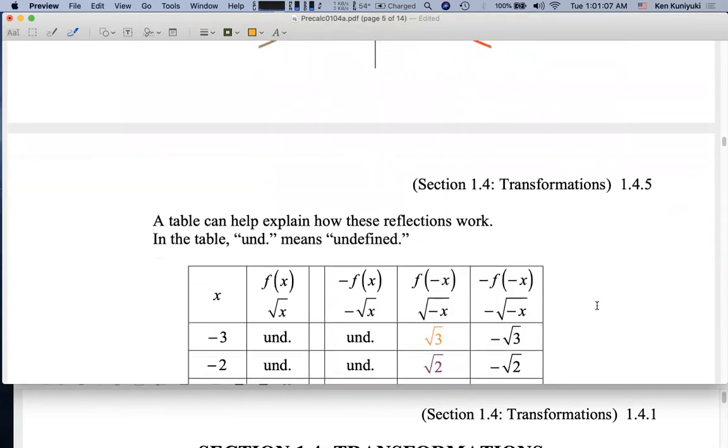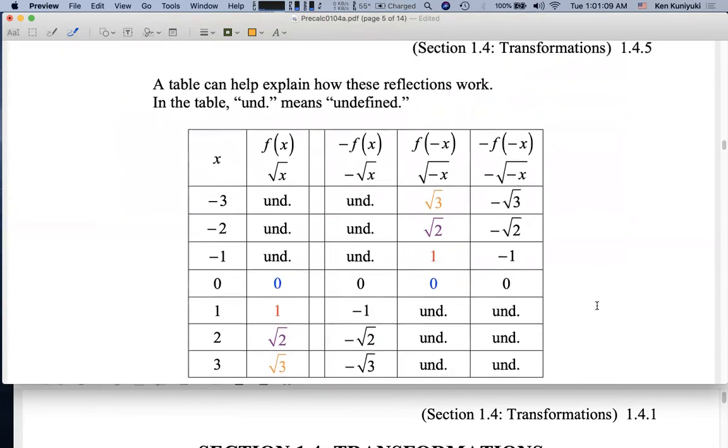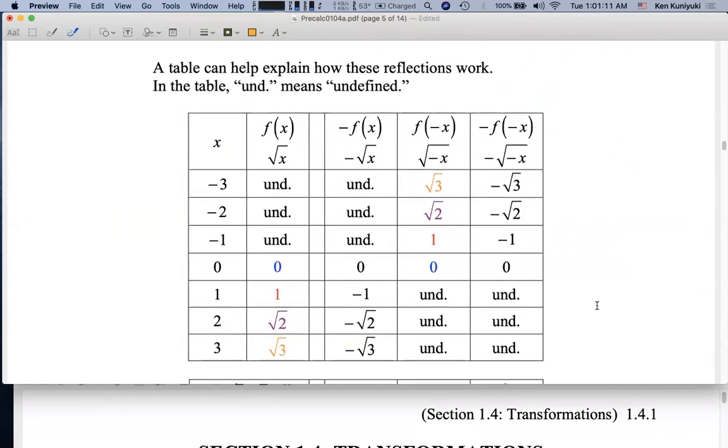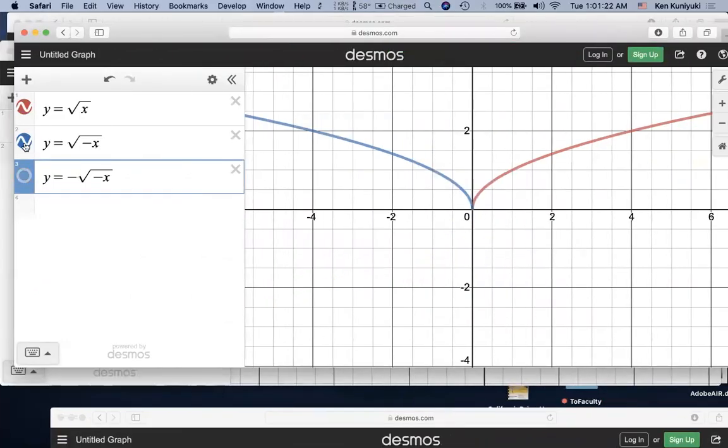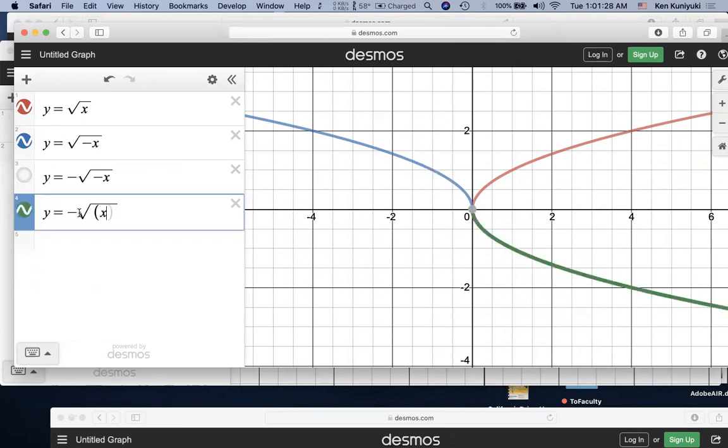Now, again, a point plotting table can help explain what's going on. Notice that if we go from the graph of y equals root x to the graph of y equals the opposite of root x, if we go from the red graph to the purple graph, what happens to the domain and the range?